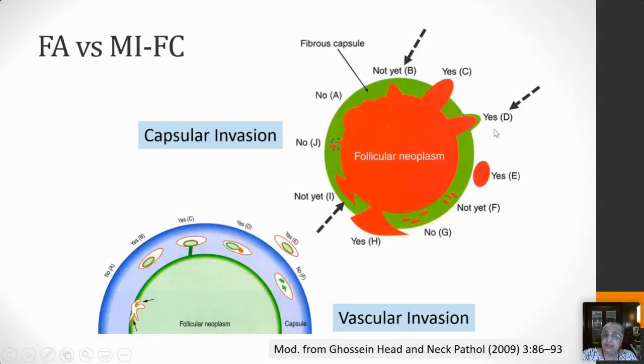But then you might ask the same question for B as well as for I. How do you know in any, because this is an idealized cartoon where you have a nice round circular capsule.